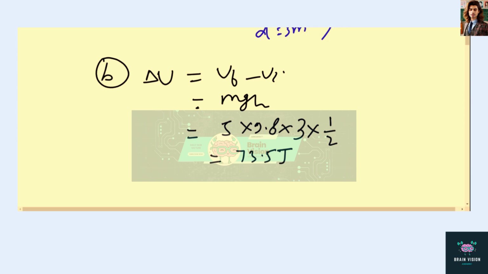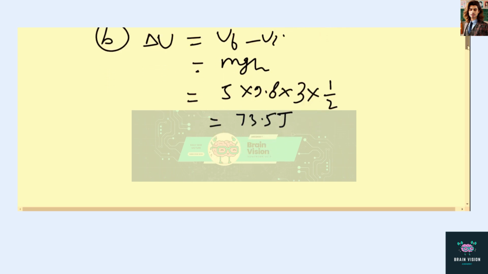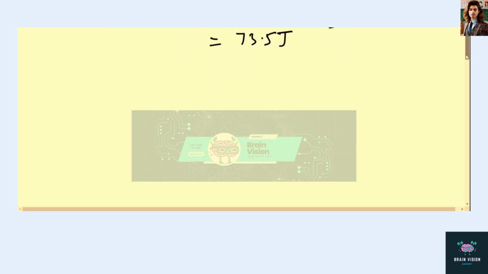In the third part, we have to calculate the friction force on the block. From the given data, the block-Earth system is an isolated system, so there is no change in total energy.